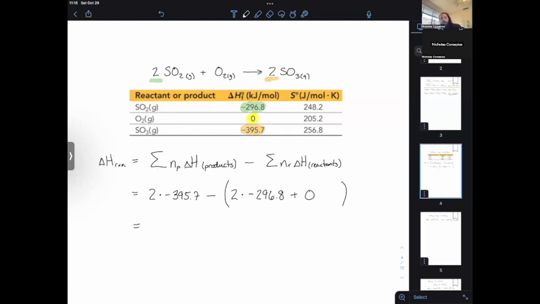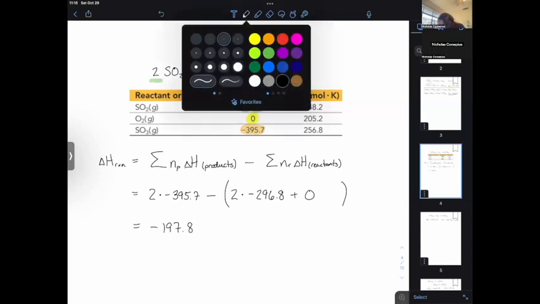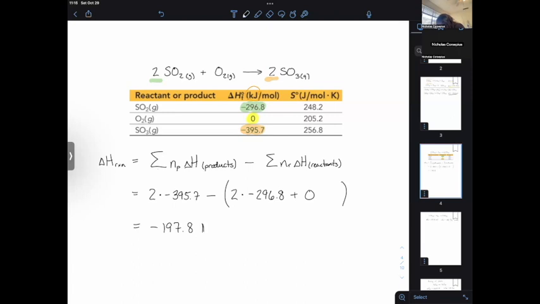But summing this all up, I can see that the delta H of this reaction is negative 197.8. And if I look at my units, the units that I get from my table right here, I can always reference this if I don't know. My units are kilojoules. And the mole actually drops out when you multiply it by that stoichiometric coefficient. So my units here are just kilojoules.